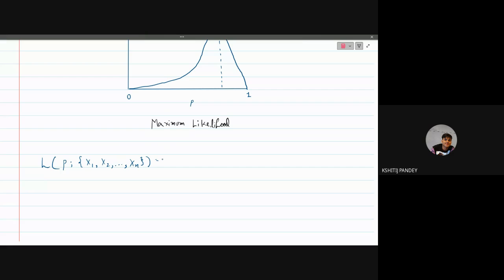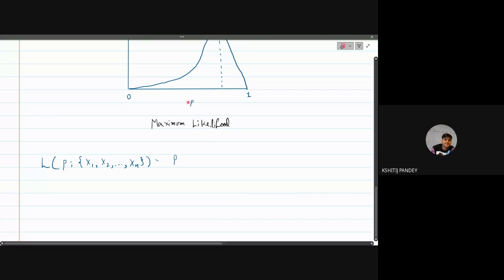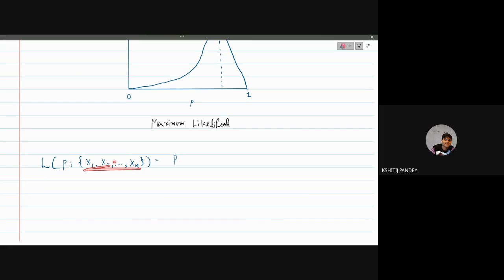And this will give you the probability that this observation that you have is generated when the value of the unknown parameter is this.